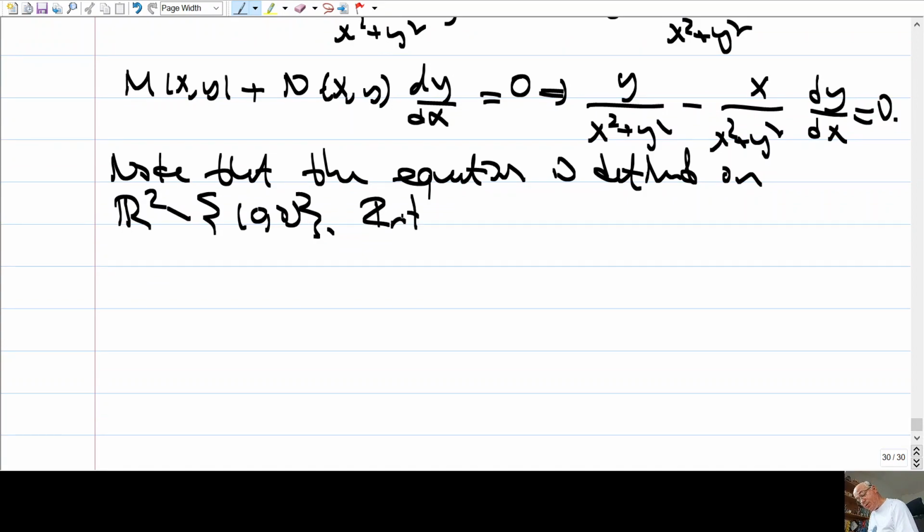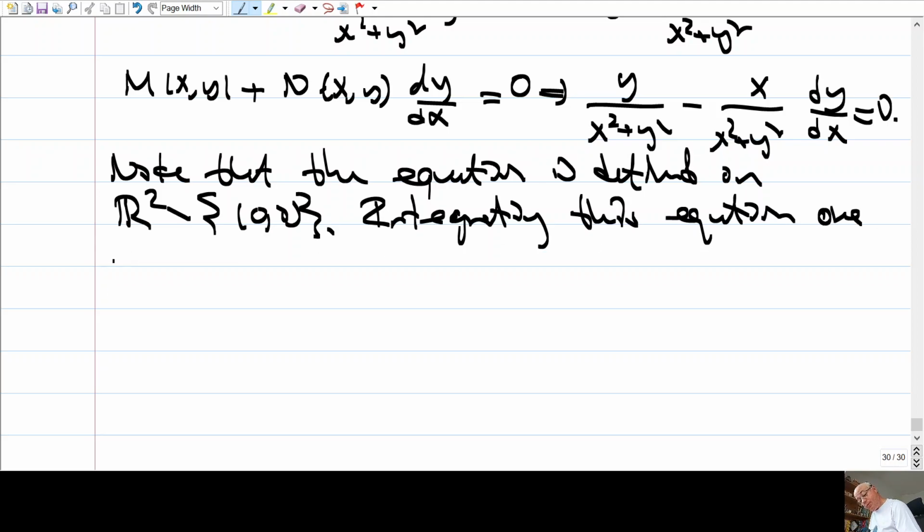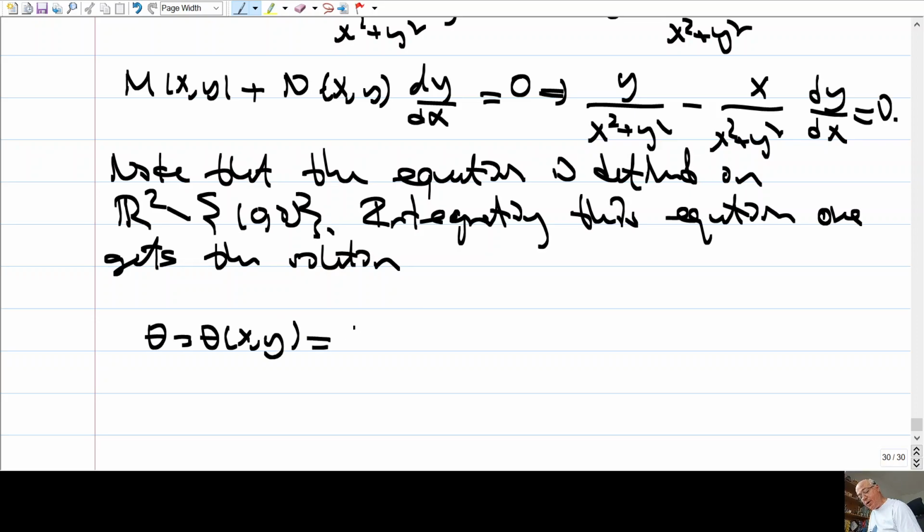Integrating this equation, so assuming it is exact, you try to solve it. One gets the solution theta(x,y), which is tangent inverse y over x equals c.